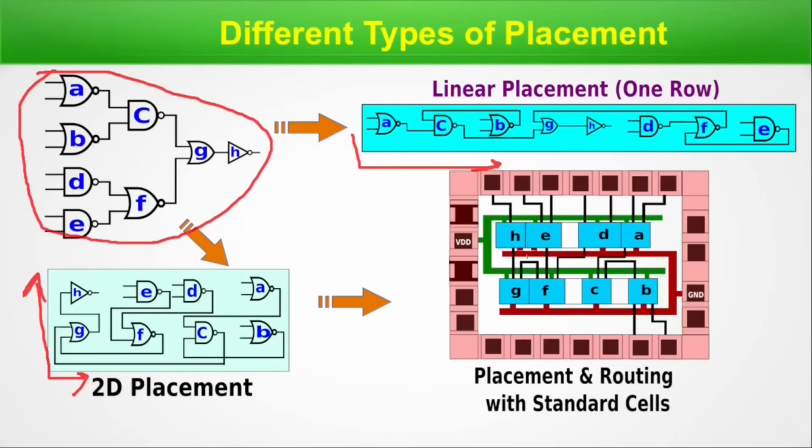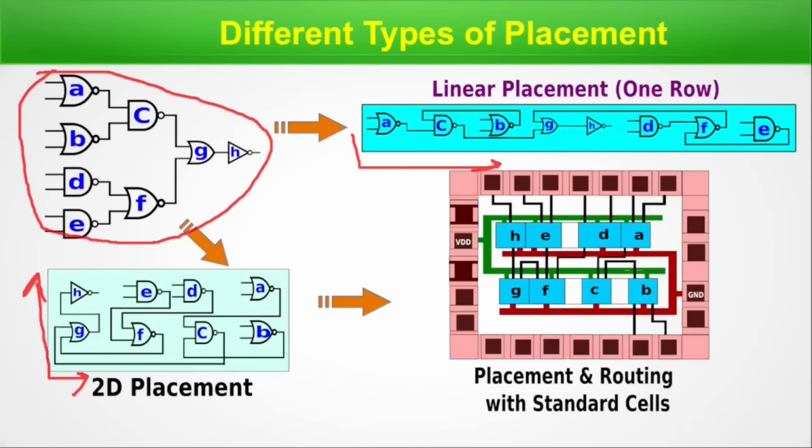From there, the ground line is reaching all the cells, and the power line is reaching all the cells, and signal lines are also reaching all the cells. That is much more realistic. So these are different types of placement and routing with standard cells.